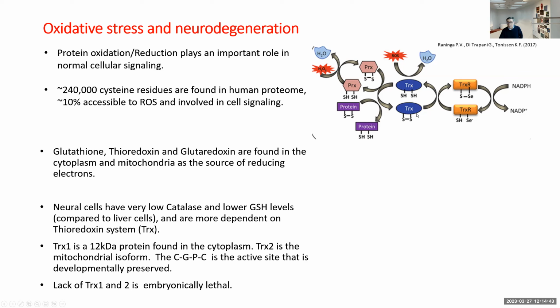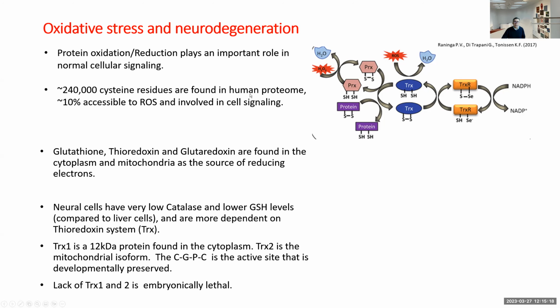And oxidized thioredoxin has to be reduced again by thioredoxin reductase using electrons from NADPH. And what we know is that thioredoxin is a really good electron donor to oxidized proteins. And there are plenty of proteins inside the cells that are susceptible to oxidative stress. We know that about 240,000 cysteine residues are found in the human proteome.